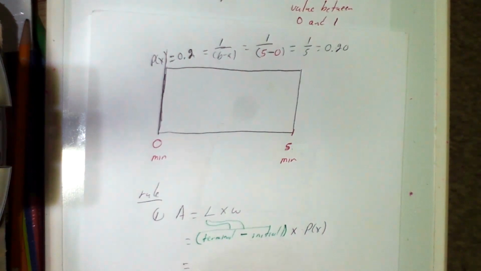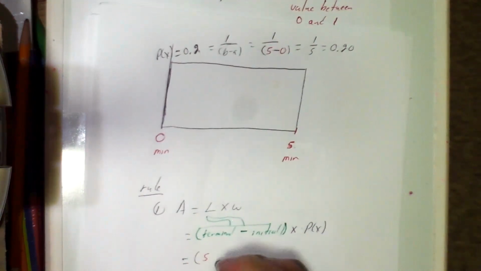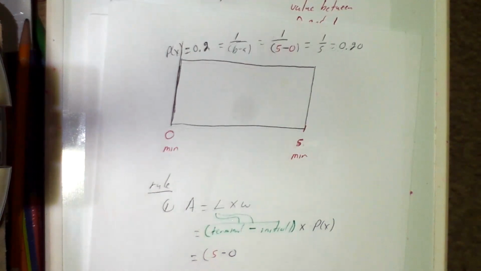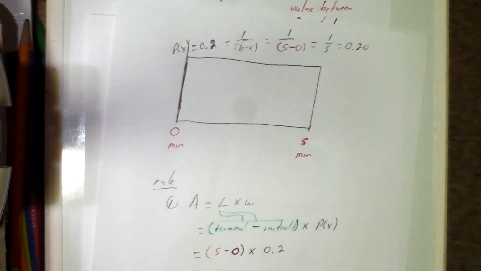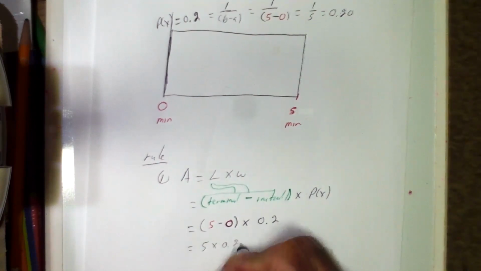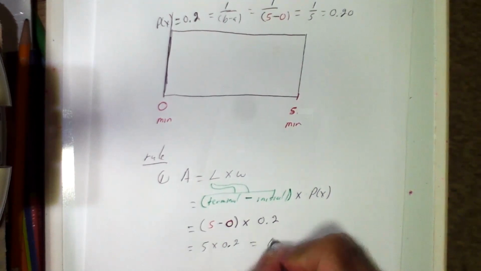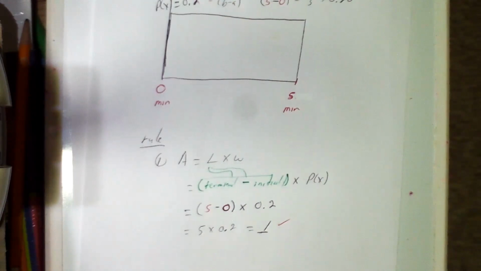So I'm going to plug them in. Terminal is 5, minus 0, times my P of X which was 0.2. I know that that's going to be 5 times 0.2, and you will see that that equals 1. Ching. So rule number 1 passes.